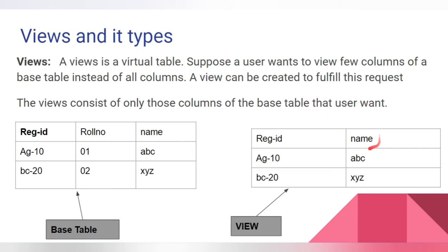If I want to see which student has this registration ID and what is his name, I need this view for this operation. So a view consists only of those columns of the base table that the user wants.